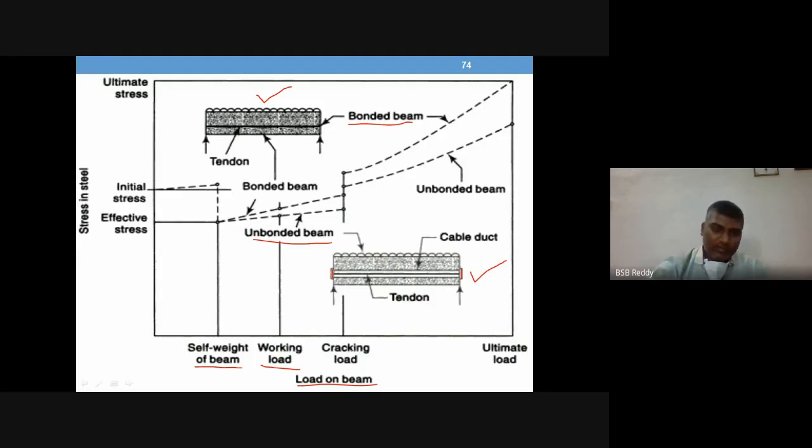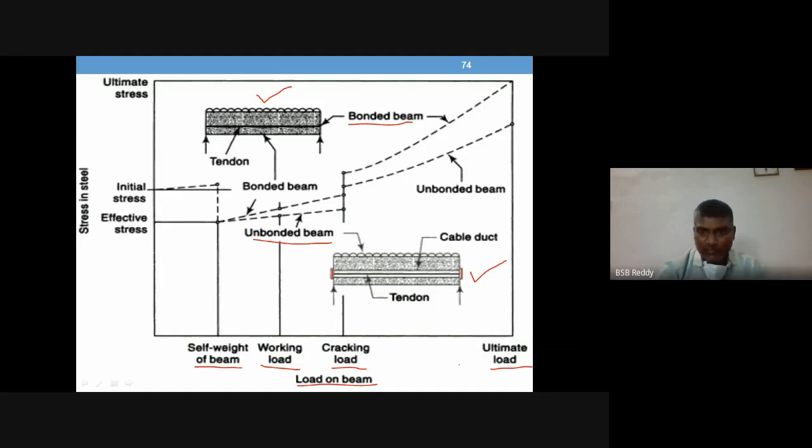Then we have a stage called cracking load. If the loads increase and reach where you observe visual cracks in the concrete, and then you still increase the load, the maximum capacity that the beam can handle before it fails, we say ultimate load.